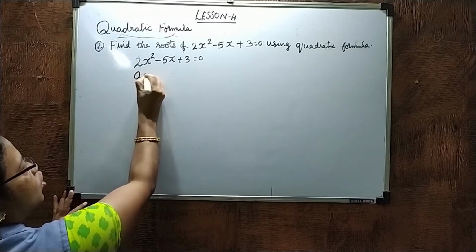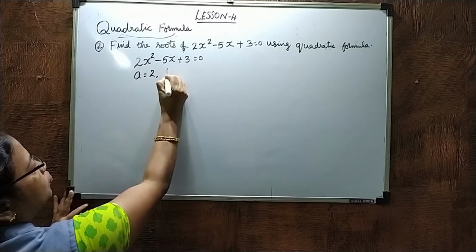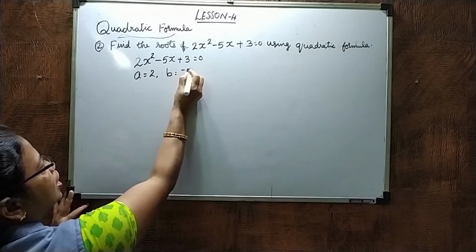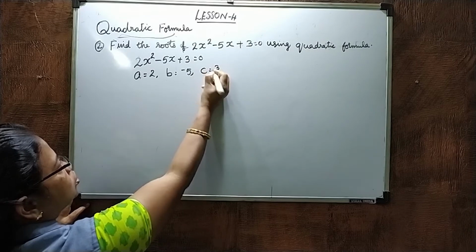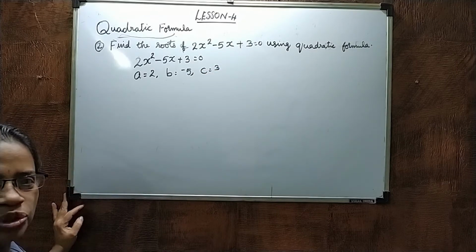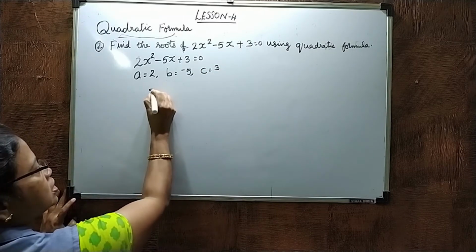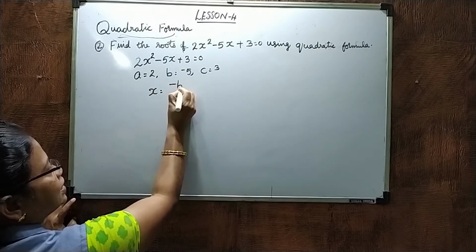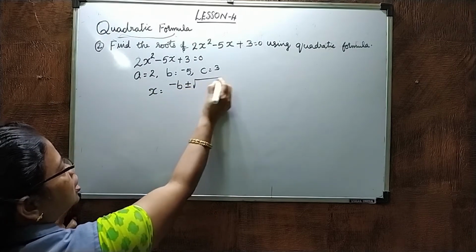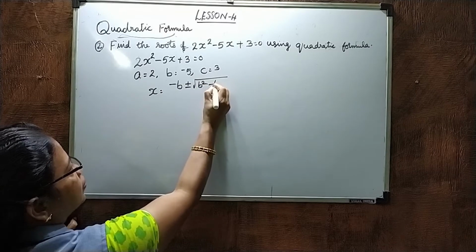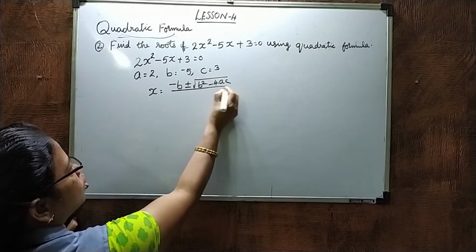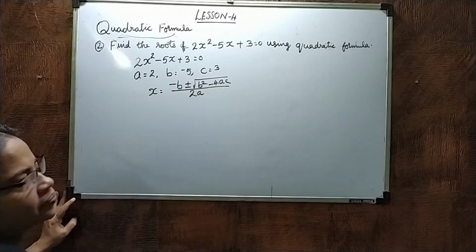A equals coefficient of x square, it is 2. B is equal to negative 5 and C is equal to 3. Then what you should do now? You have to write the formula first. X is equal to negative b plus or minus root of b square minus 4ac the whole divided by 2a.